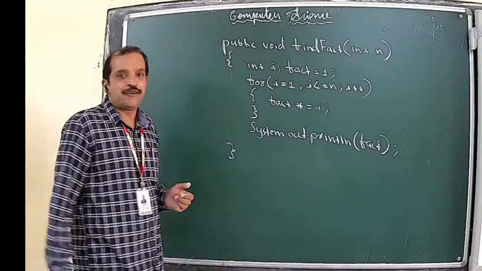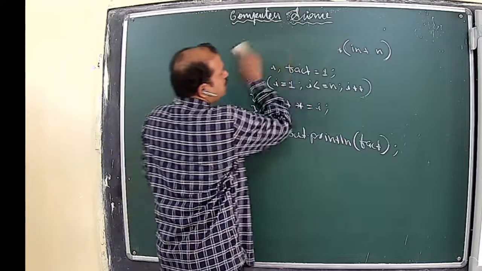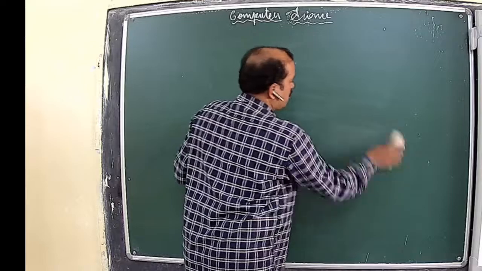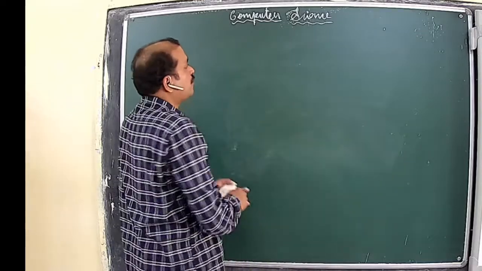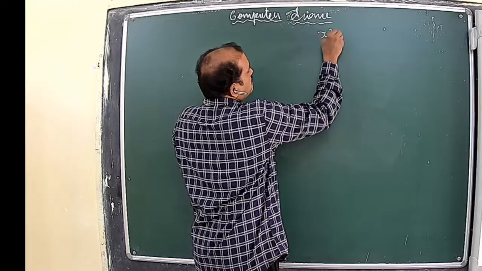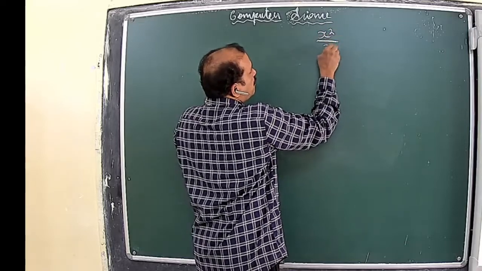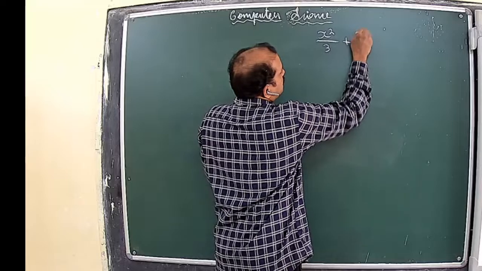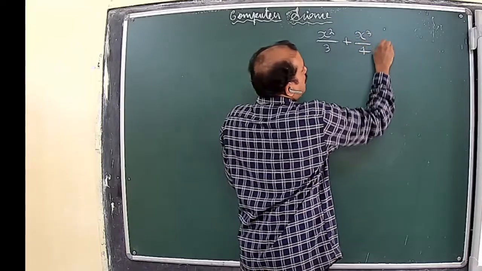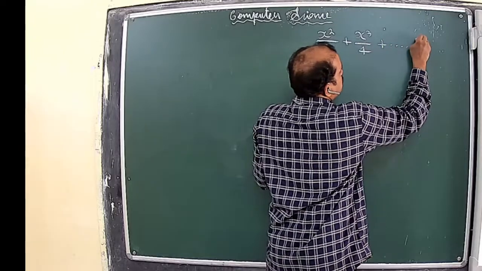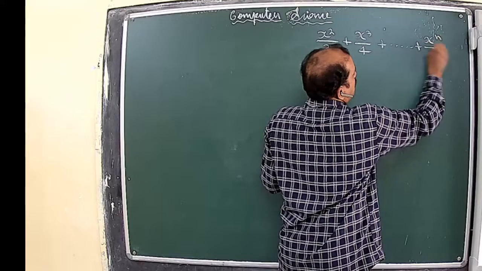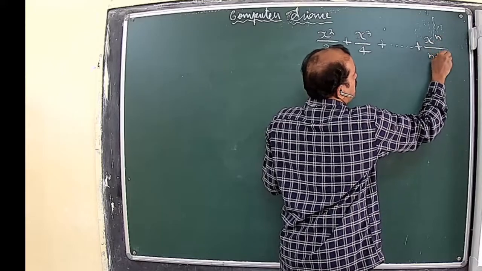Now your second homework. Our second homework was to find the series of a particular number. Our series was x raised to 2 divided by 3 plus x raised to 3 divided by 4 plus up to the number x raised to n divided by n plus 1.